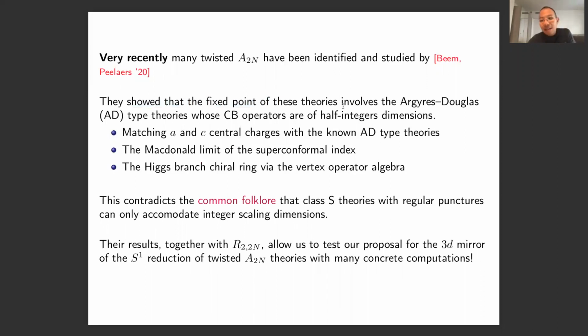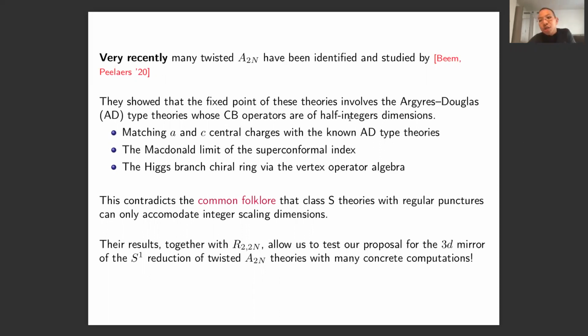So what they propose is that you can describe a class of Argyres-Douglas theories, for example, and many other theories, which I will show, using twisted A2N theory. Their fixed points involve Argyres-Douglas type theories whose Coulomb branch operators are of half integer dimension.